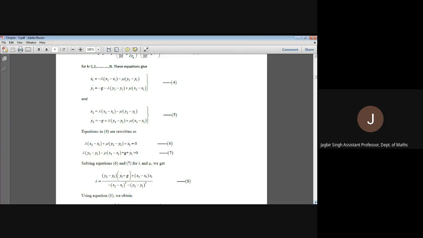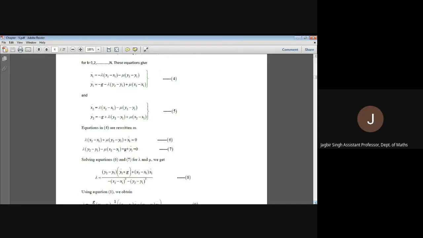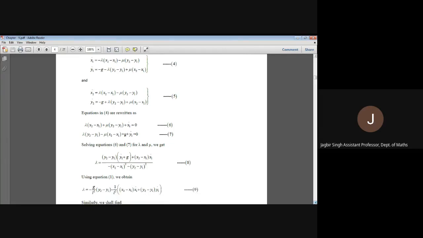We obtained equation number 8. However, in the denominator we are having minus x2 minus x1 square minus y2 minus y1 square. From equation number 1, it is minus L square, because it is the distance between the coordinates and that is the length of the rod. Okay, again multiply equation number 6 with y2 minus y1 and 7 with x2 minus x1, and then subtracting we will obtain the value of mu.